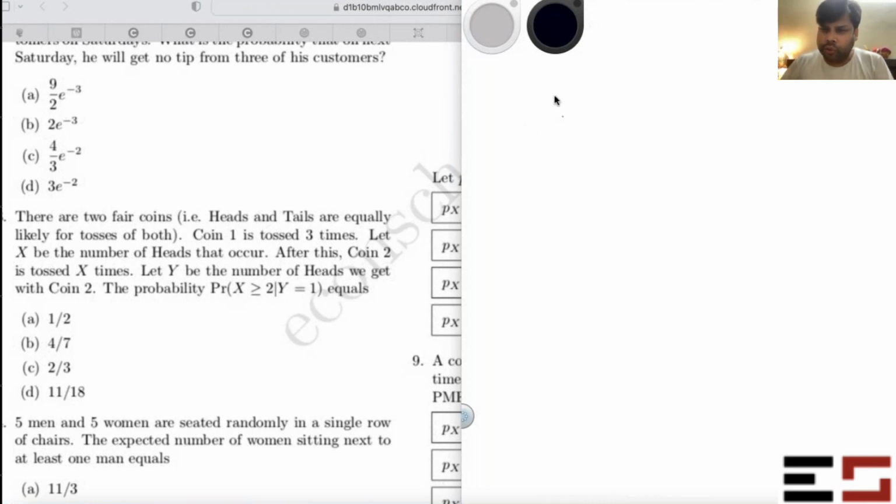So we can use the Bayes rule. Of course you can draw the tree also and do the same thing, but I'll just straight away use the Bayes rule.